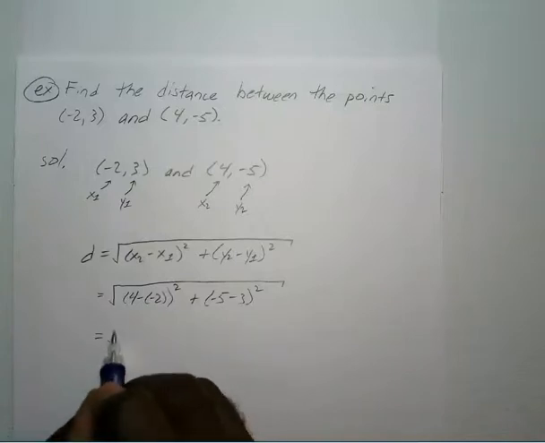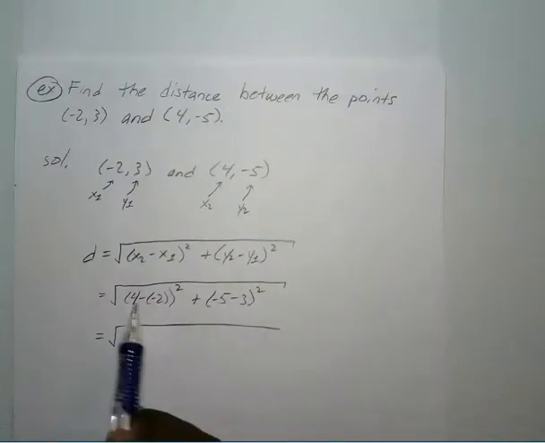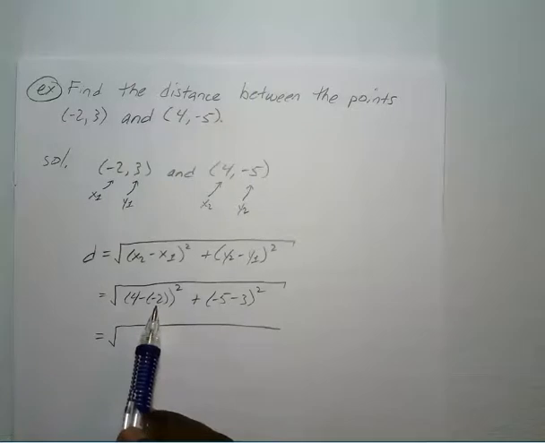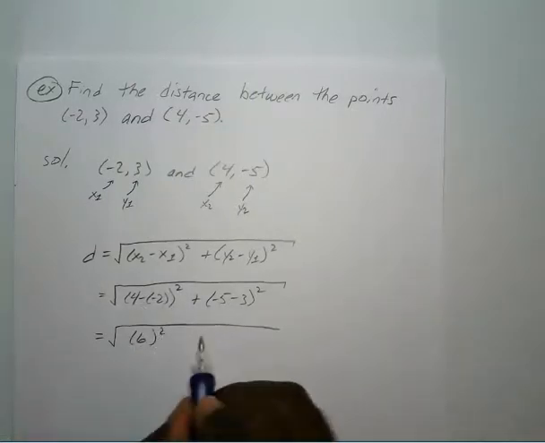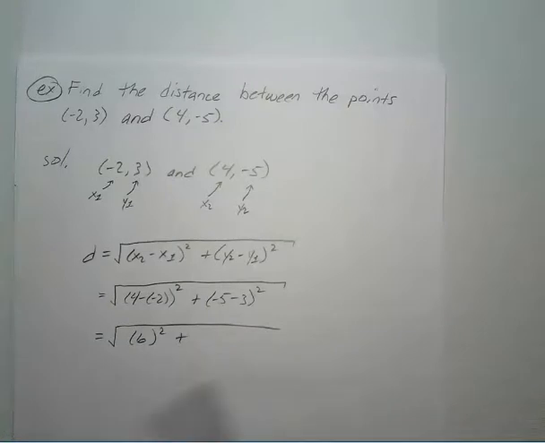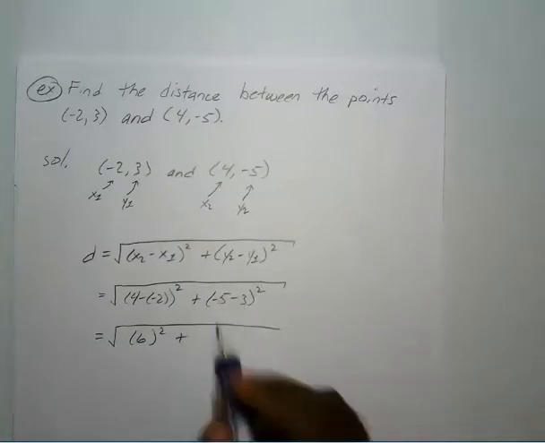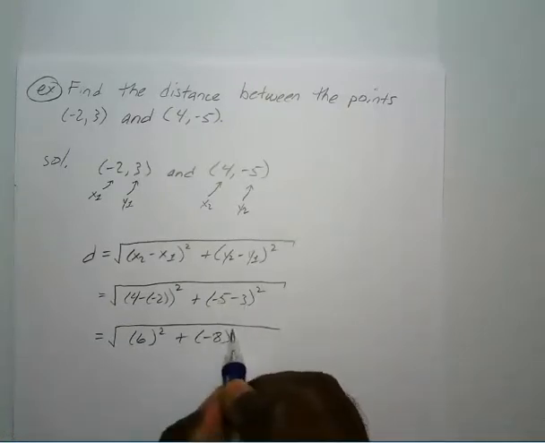Okay, so that will equal 4 minus -2 is 4 plus 2, so that gives us 6 squared, plus -5 minus 3 is -8, so that would be -8 squared.